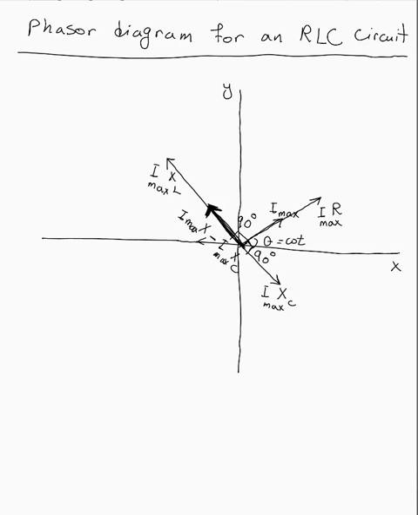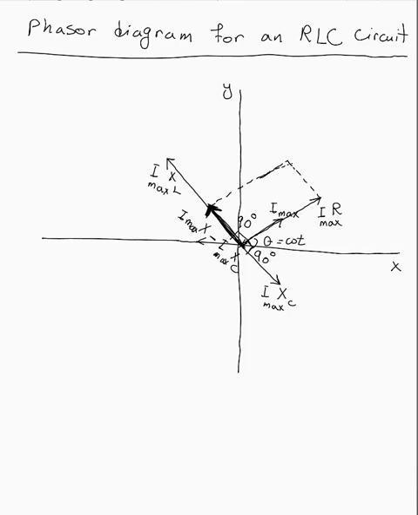Alright, now it's time to sum the difference with the voltage across the resistor. I'm going to do the vector summation now, because they're not along each other. So let me be very careful. This is the vector summation between the voltage across the resistor and the difference of the voltages across the capacitor and the inductor.